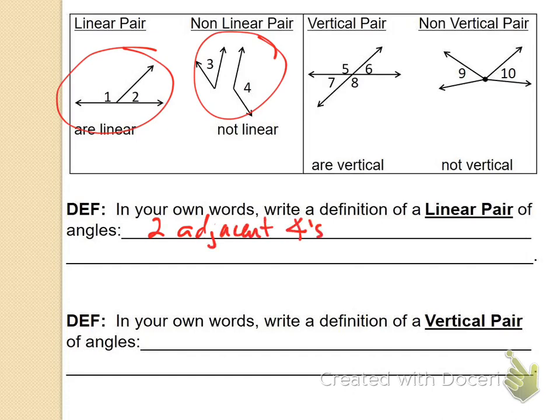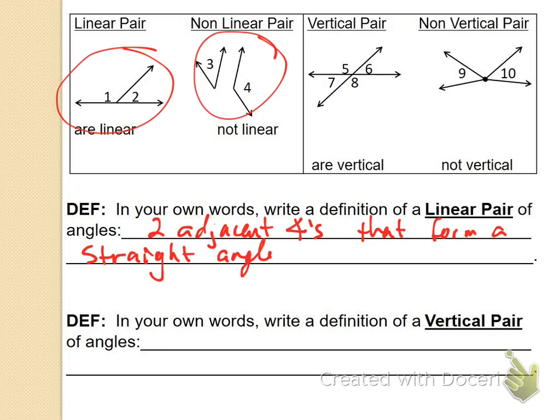right? And some abbreviations here for you, some symbols. Two adjacent angles. And what are those two adjacent angles doing in that first picture? What word is in linear? Right? And hopefully you're thinking there are two adjacent angles that form a... Yeah, I know a line, but I want to talk about it forming a straight angle. That's where we're going to want to go with this.